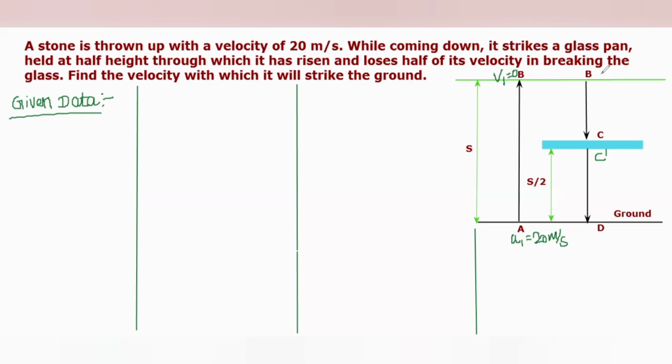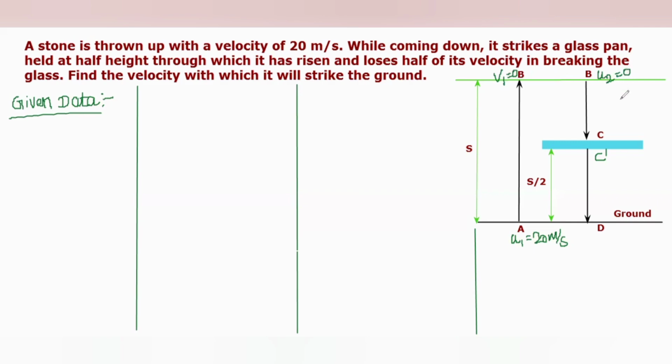So at point B, now we can take the second segment, BC. Here it is going to fall. That means while coming down, it is going to hit the glass pan. At point B, the previous final velocity becomes the initial velocity now, so U2 equals 0.